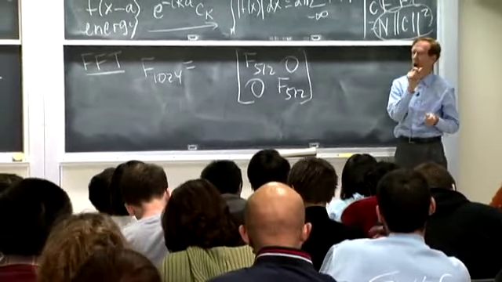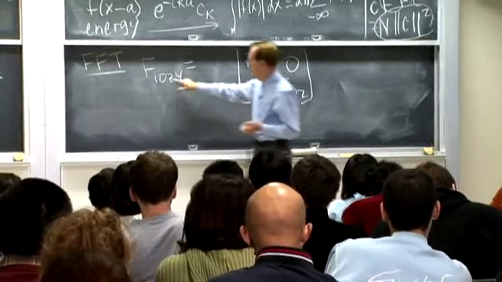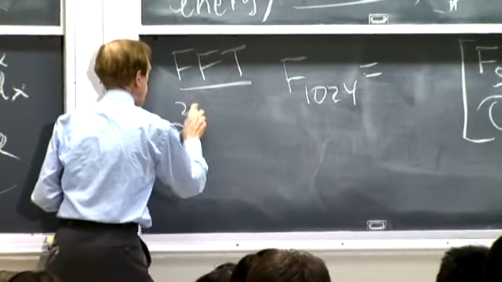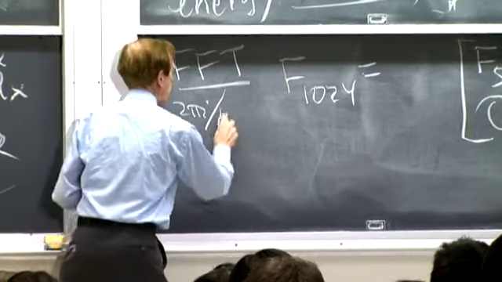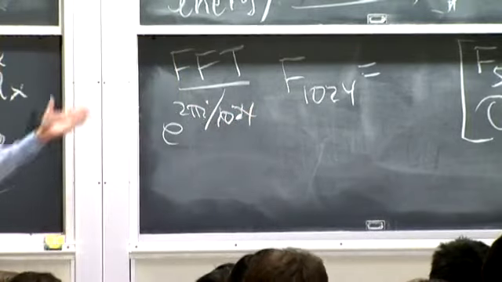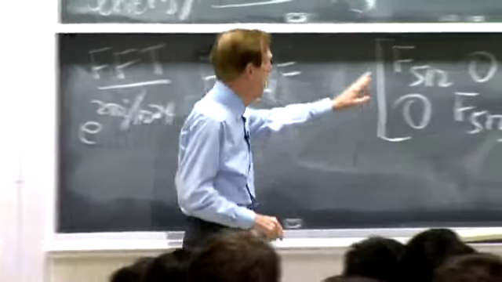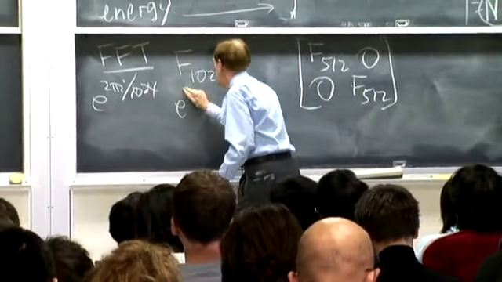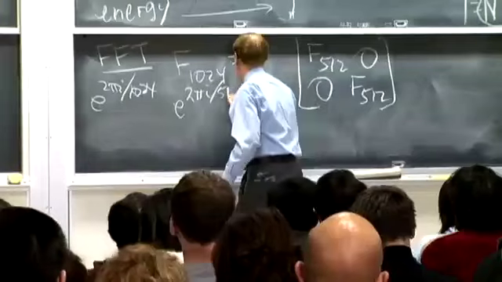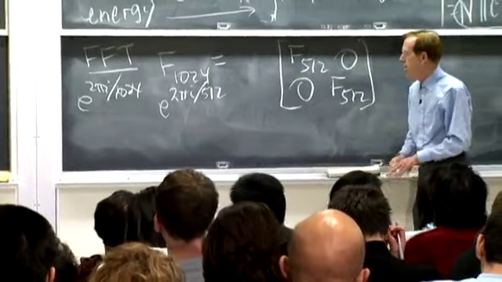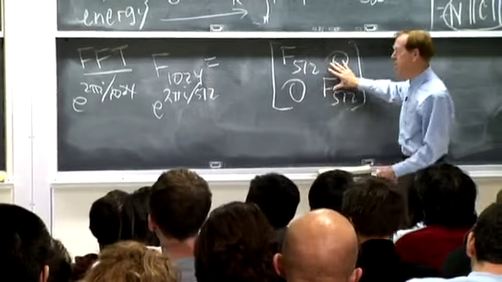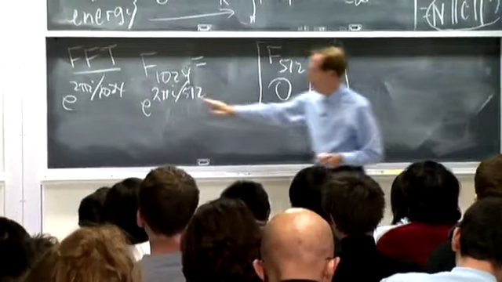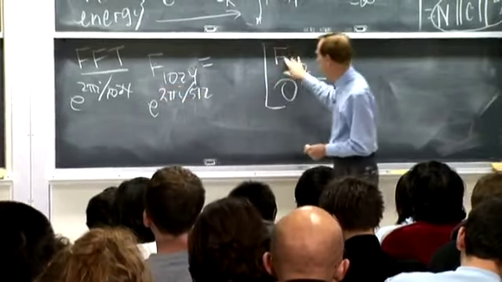And what's underlying that? The 1024 matrix is full of e to the 2 pi i w over 1024, right? That's the w for this one. And then the w for both of these is e to the 2 pi i over 512. So if there's a connection between that matrix and this matrix, there better be a connection between that number and that number, because this is the number that fills this one, and this is the number that fills these.